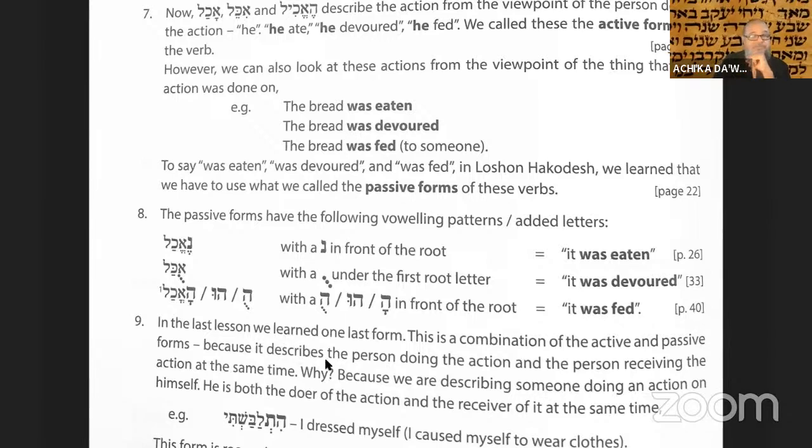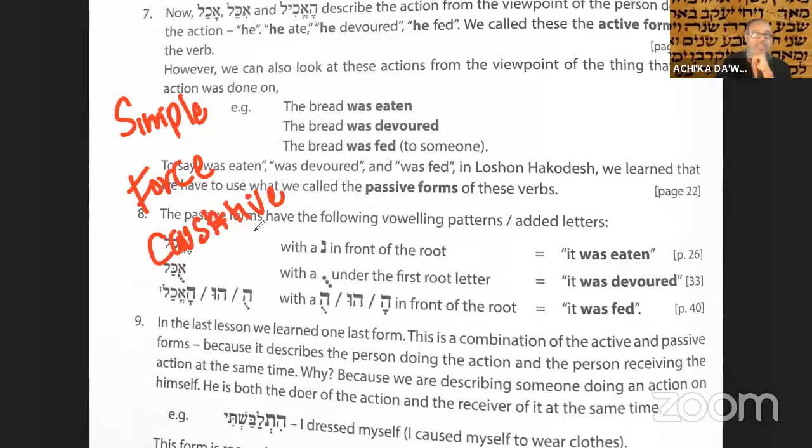For example, there's a simple, there's a forceful, and then there's the causative, right? Those are our 3 ways. In each one of these, there's an active and there is a passive. And it goes both ways, all the way down.